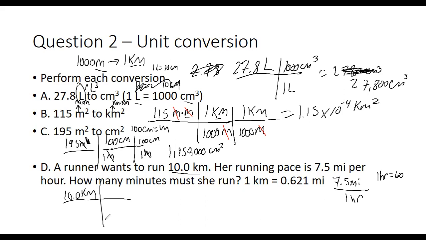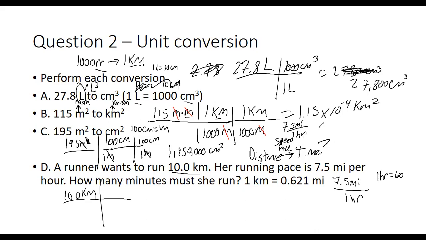All right. So the idea is I want to convert this distance to a time, right? So I know the distance I want to run. The question is, what is the time for that? And I need a conversion between distance and time. Your conversion is speed or pace. Your pace is 7.5 miles for every 1 hour.